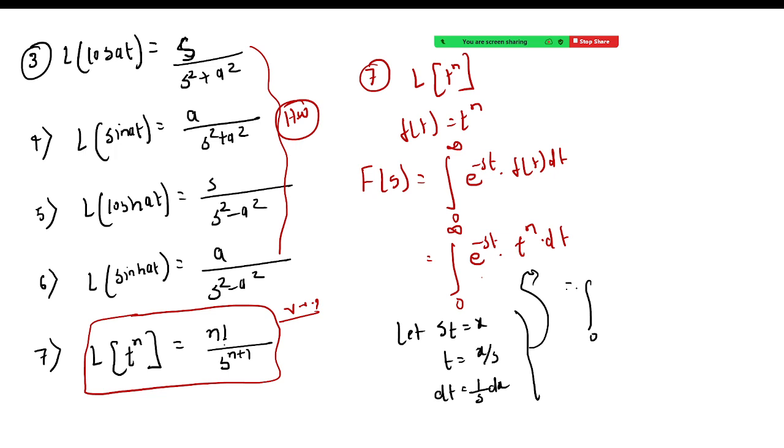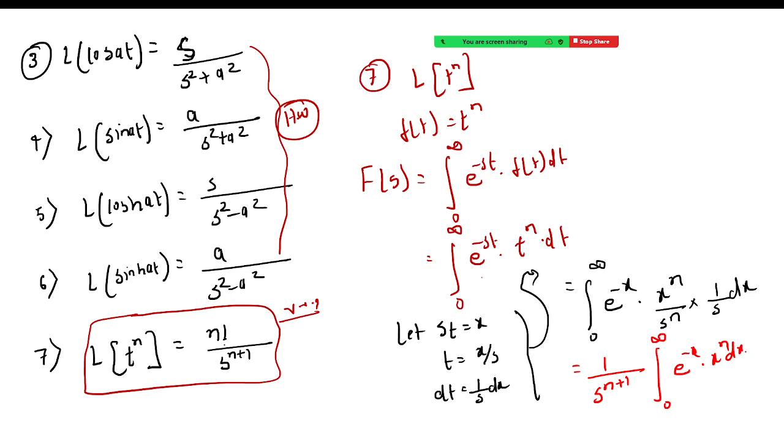So I'll be getting 0 to infinity e to the power minus x, and t is your x to the power n divided by s to the power n, fine, multiplied with 1 upon s dx, as simple as that, right? So that will be equal to 1 upon s to the power n plus 1, I'll take common, and it will be equal to integral 0 to infinity e to the power minus x and x to the power n dx.